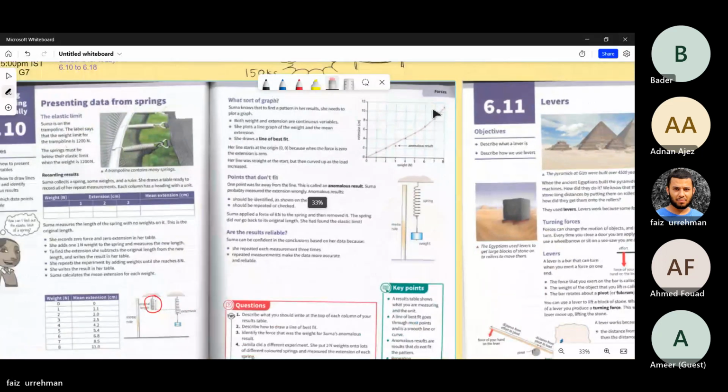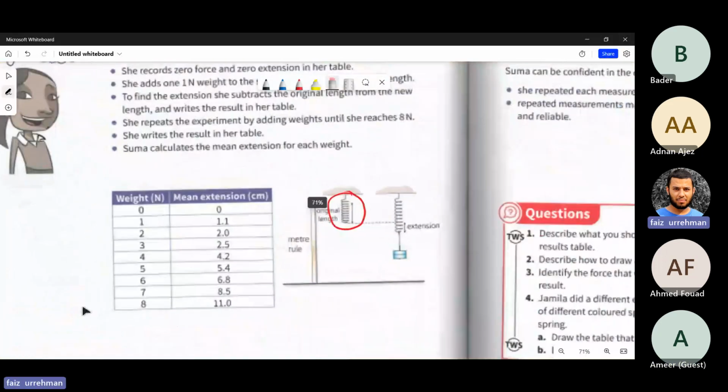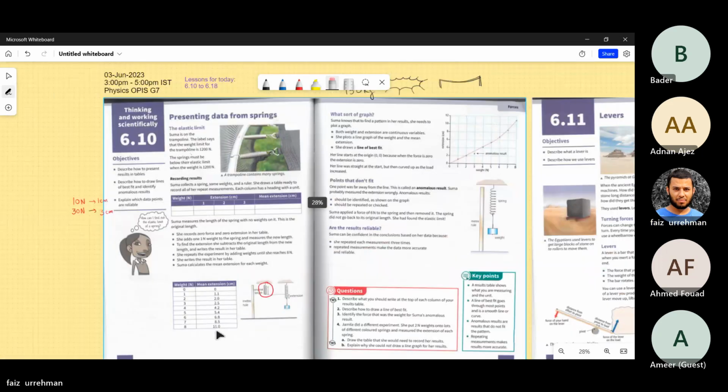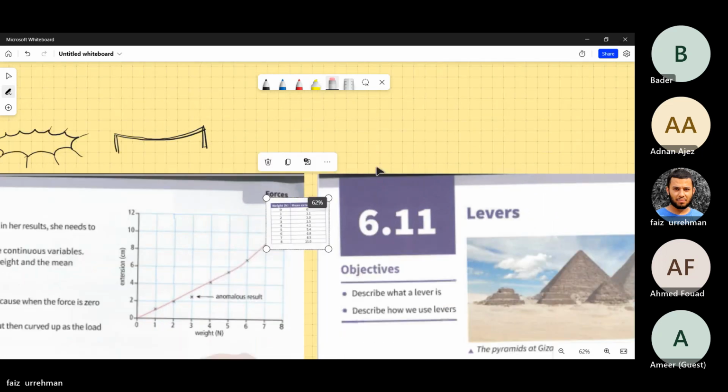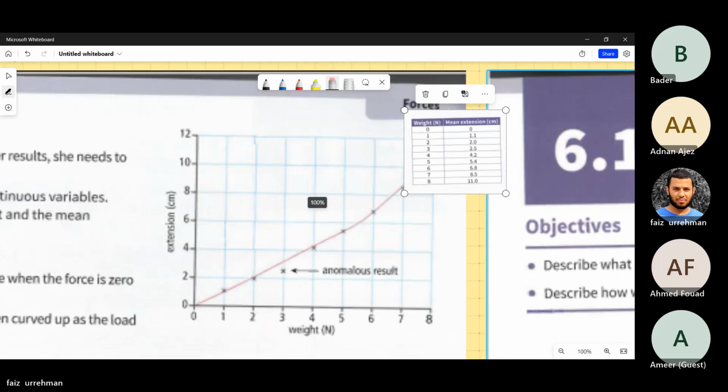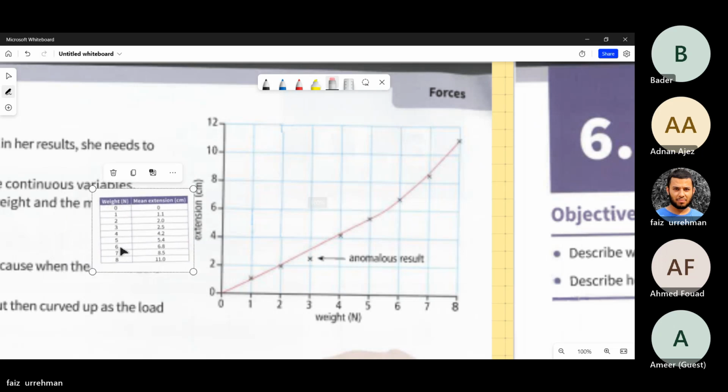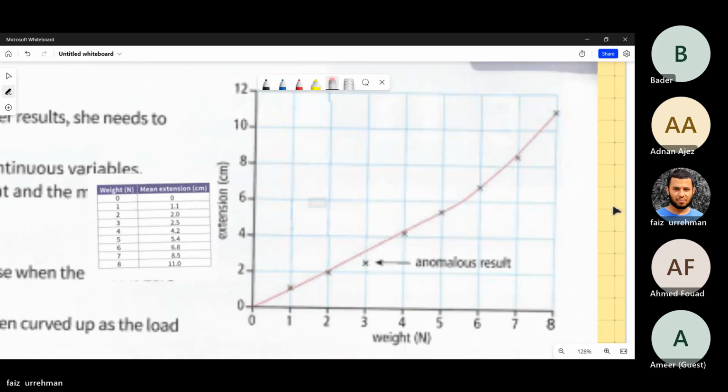For example, I will take a screenshot and paste it on the top. Now look. The first point, 1.1.